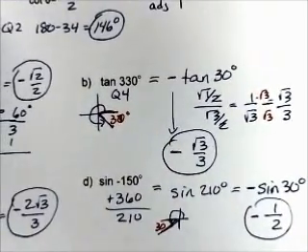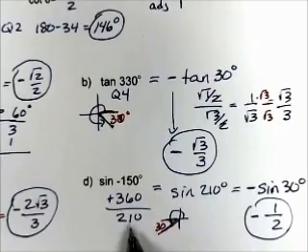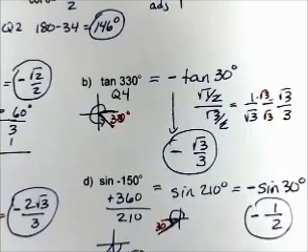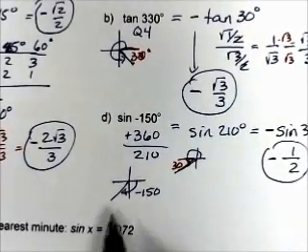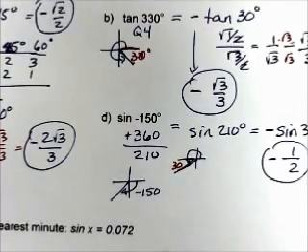If I didn't add the 360 to get a coterminal angle, the other thing I could have done was to actually draw the negative 150. That would mean clockwise 150 would end up in quadrant 3.